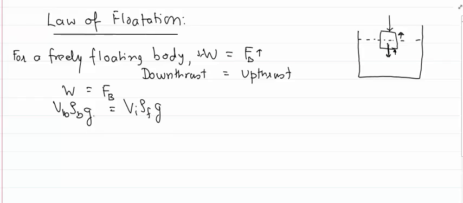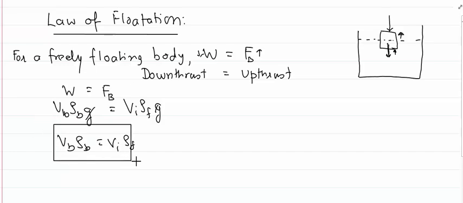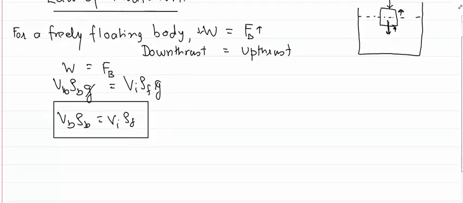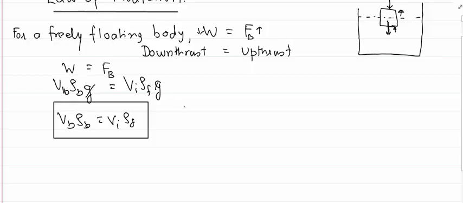These two are equal, so g will get cancelled and I'll get VB rho B is equal to Vi rho F. This equation is the most important, or the main equation which we will keep on using throughout this topic. There are variations of this formula which we will also use.